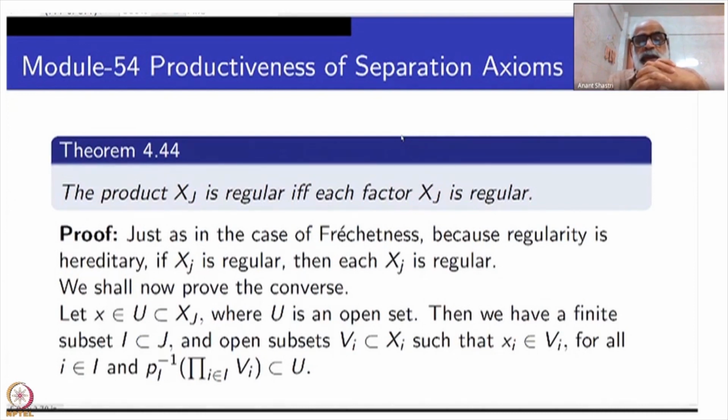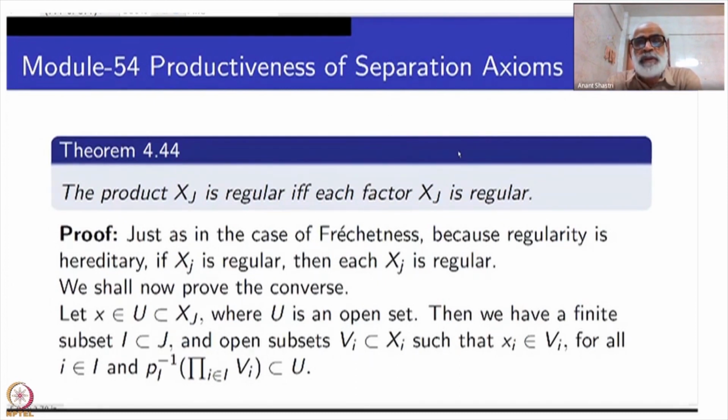Just as in the case of Fréchetness, because regularity is hereditary, if the product of X_j is regular, then each X_j is regular. Why?